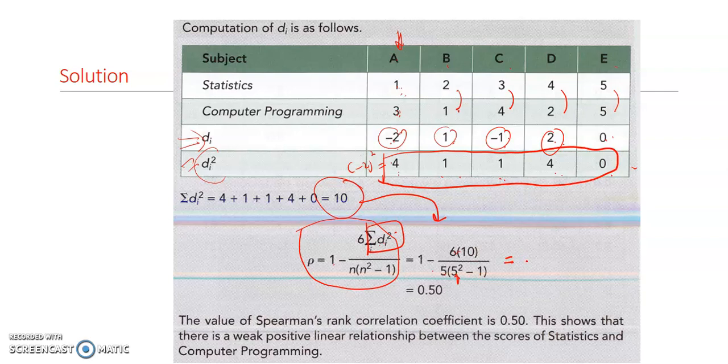So simplify. 1 minus 60 over 5 square is 25. 25 minus 1, 24. 24 times 5 is 120. Okay. So 1 minus 60 over 120 is 0.5. Okay. So this is the rho value. So this is the value of Spearman's rank correlation coefficient.